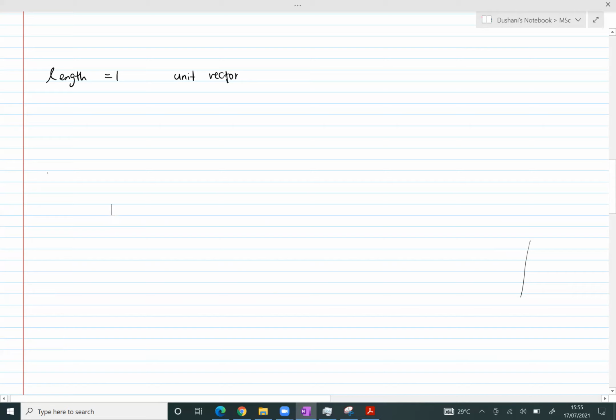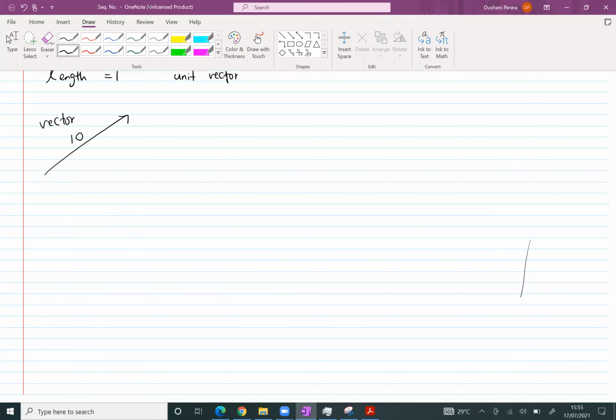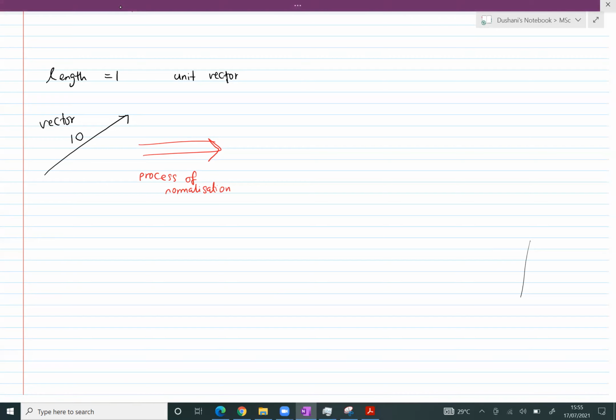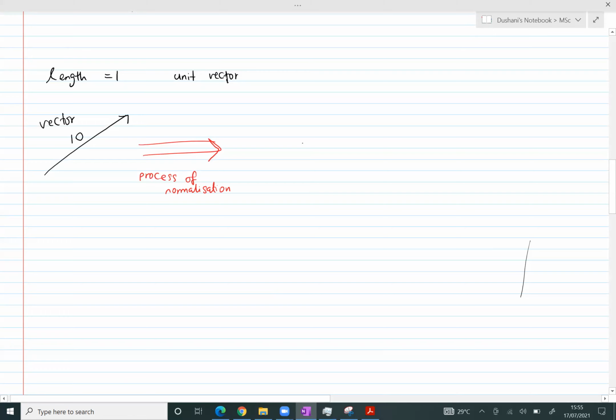So let's say that you have a vector of length 10. In the process of normalizing, we take the same vector pointing towards the same direction of length 1.